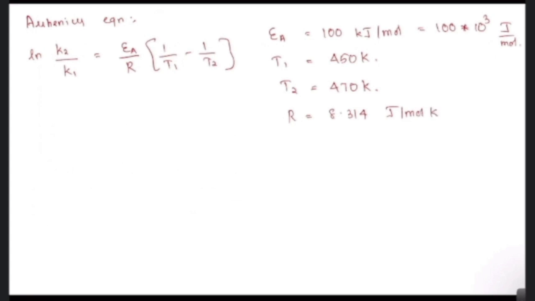So substituting these values, we get ln k2 by k1 is equal to EA, that is 100 into 10 raised to 3, by R, 8.314, into 1 by T1 minus 1 by T2, that is 1 by 450 Kelvin minus 1 by 470 Kelvin.